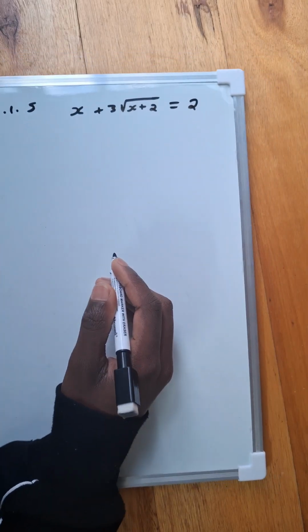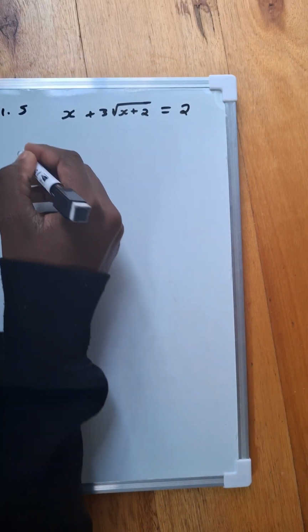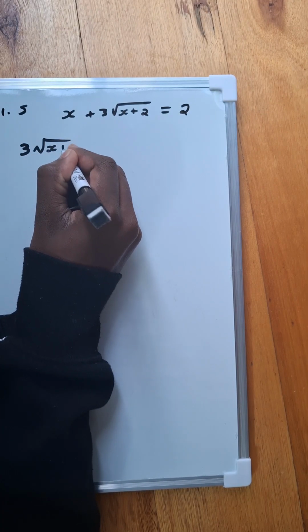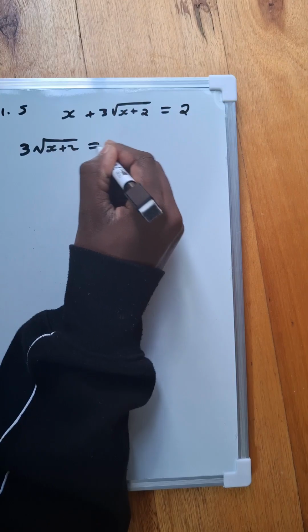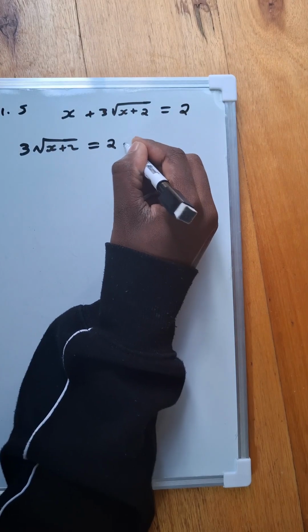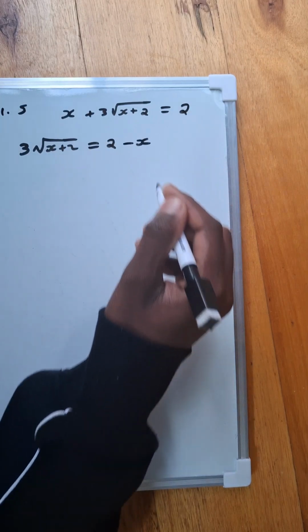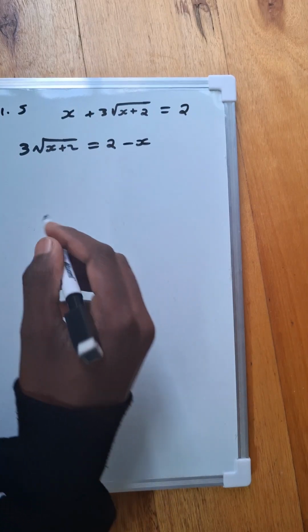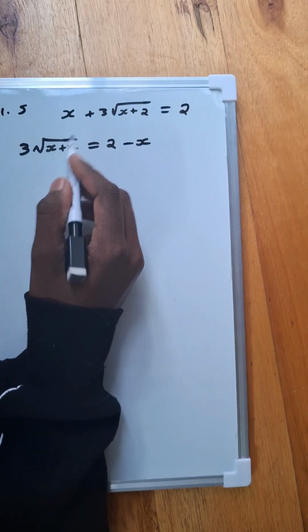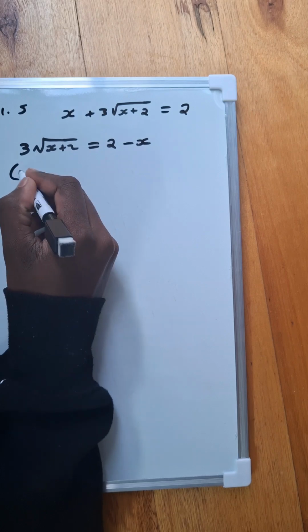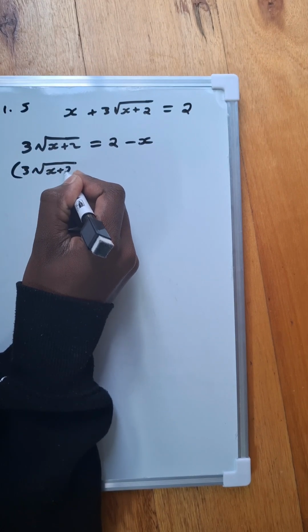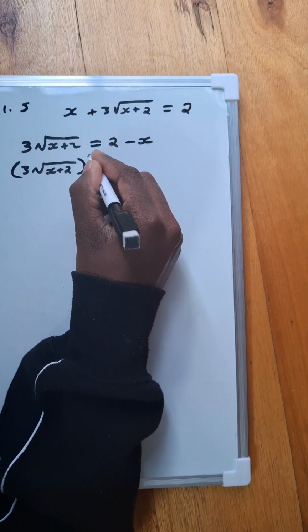So when you have something of this kind, you have to prioritize your radical this side and transpose everything to that side. Since I transposed x to that side, it changes the sign. So to get rid of the square root, I square both sides.